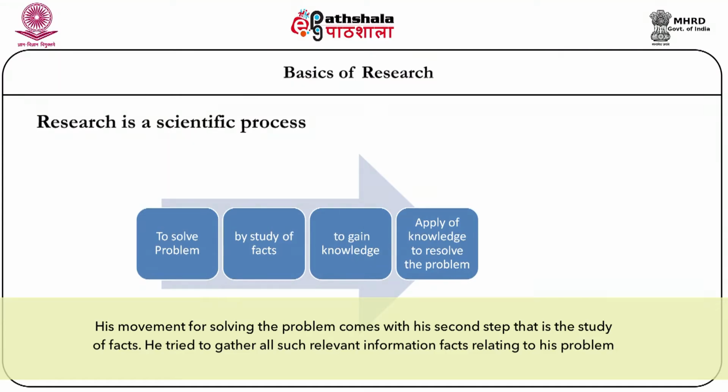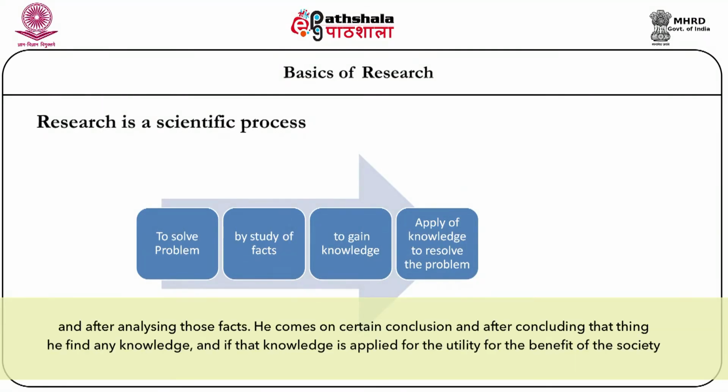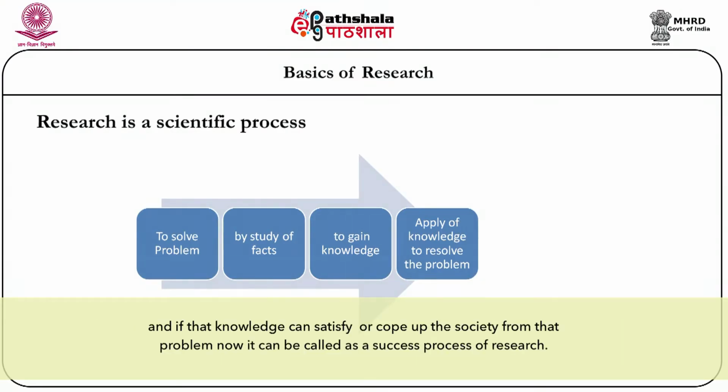He tries to gather all such relevant information, facts relating to his problem, and after analyzing those facts, he comes to a certain conclusion, and after concluding, he finds some knowledge, and if that knowledge is applied for the benefit of the society, and if that knowledge can help the society cope with that problem, now it can be called a successful process of research.